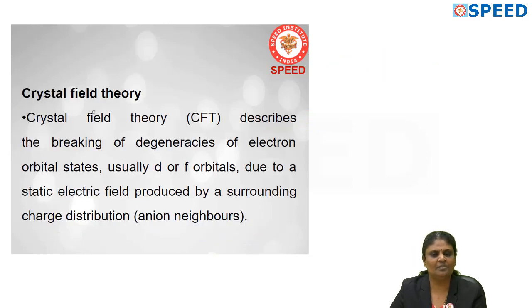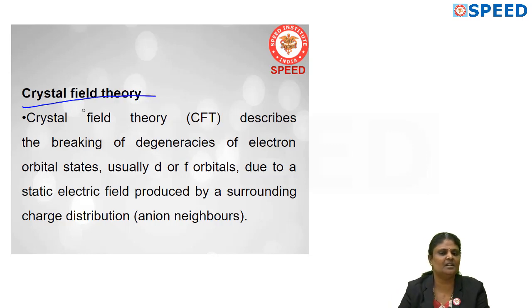This is based on crystal field theory. In coordination chemistry you study two different theories, crystal field theory and VSEPR theory. VSEPR theory you studied in chemical bonding also. Crystal field theory is shortly called CFT. This is mainly due to the presence of d and f orbitals.